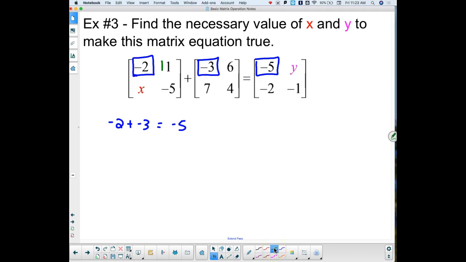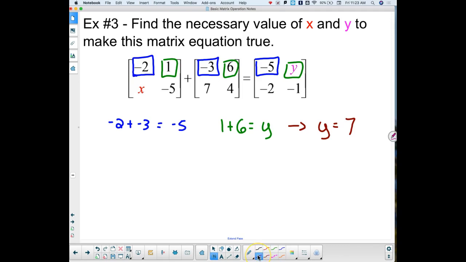Then I would say that this one plus this one has to equal this one. So that tells me that y is equal to 7. If y is 7, we have a true statement.